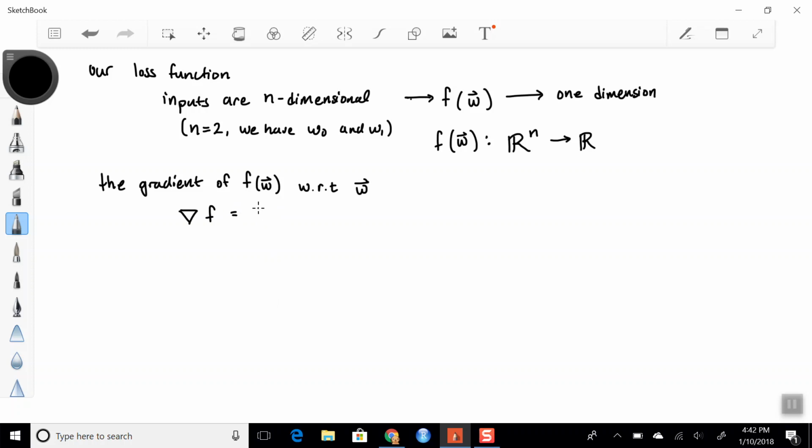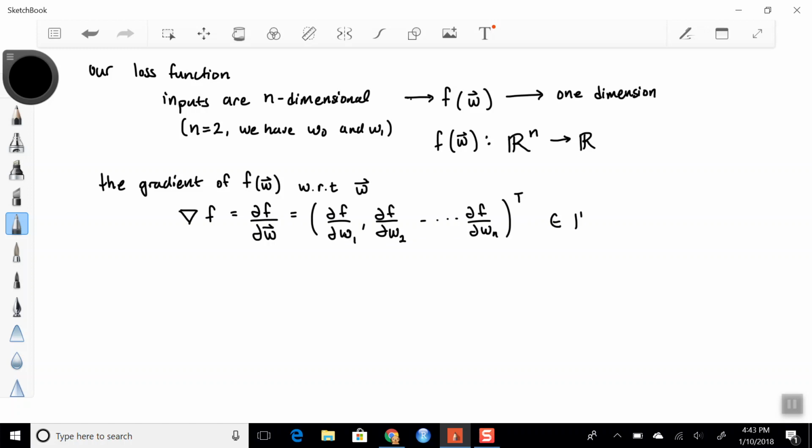We can think of this as the partial with respect to each component here: w0, w1, and if you have more, up to n, transpose. So let me rewrite this to go from 1 to n.